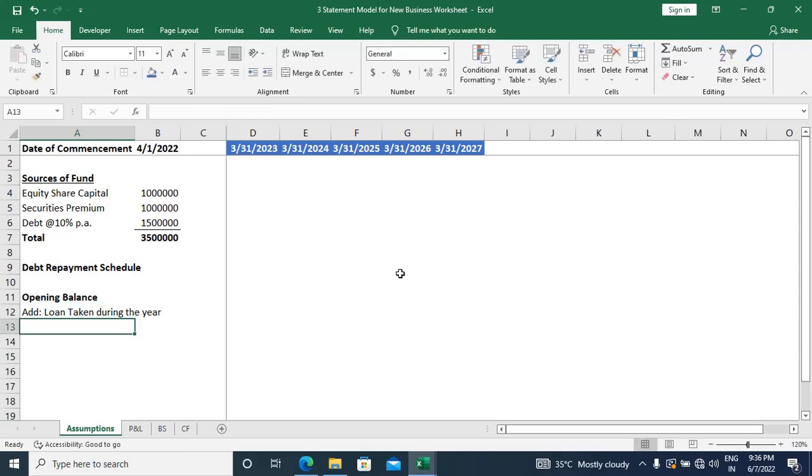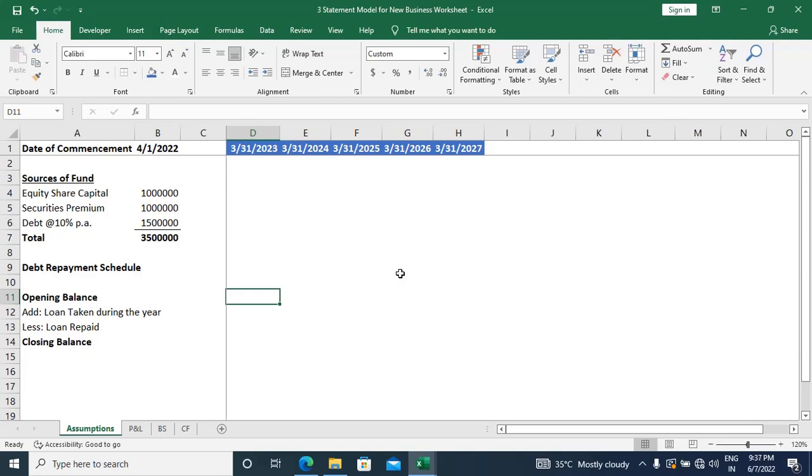So opening balance means opening balance of the loan, add loan taken during the year, less loan repaid, less loan repaid. Closing balance. I will just put some rough information here for now only.